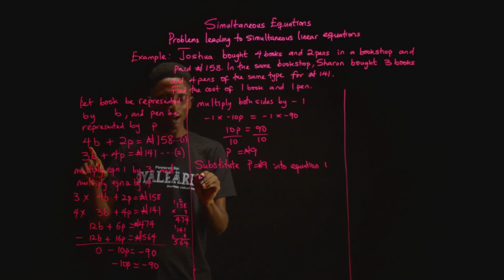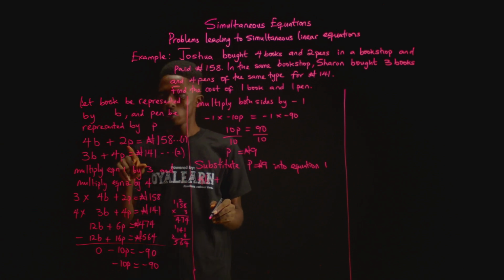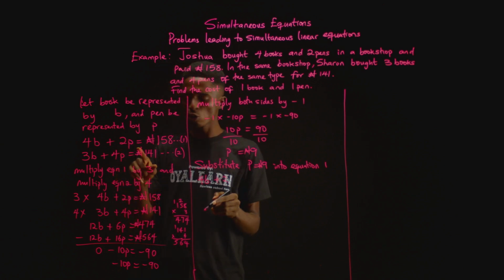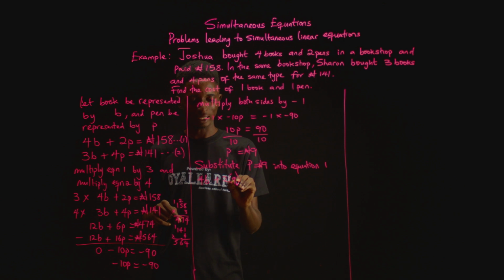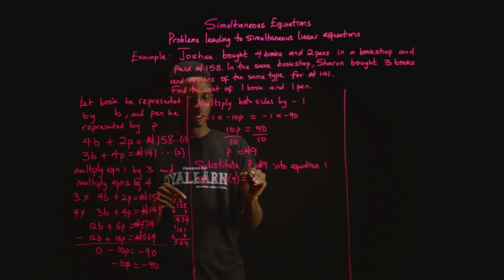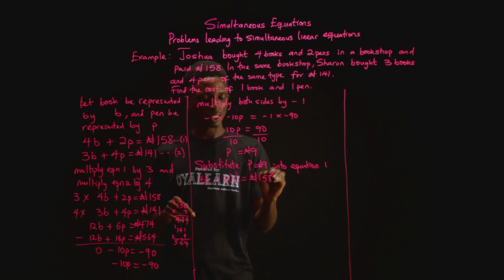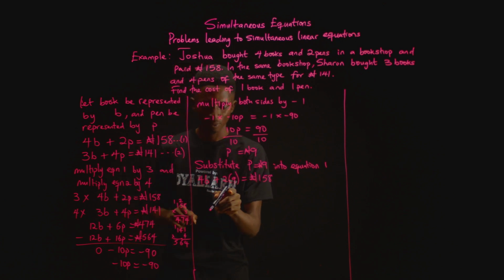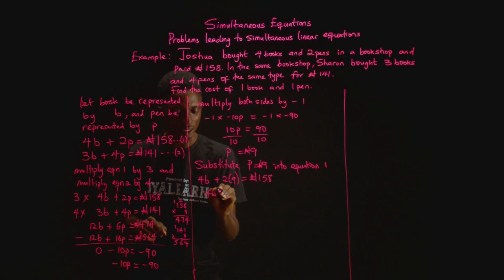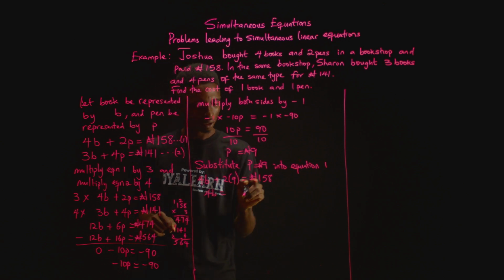So therefore we would have 4B plus 2 into P, and P is 9, and this equals 158 naira.